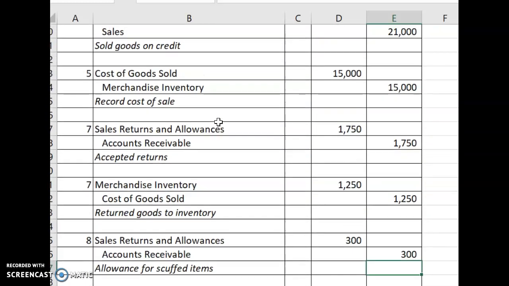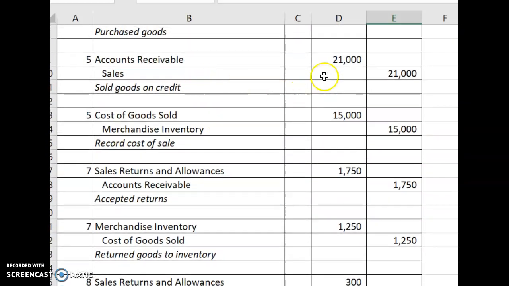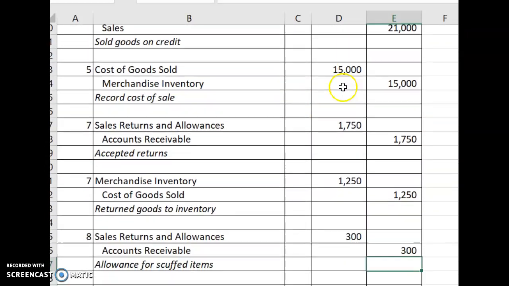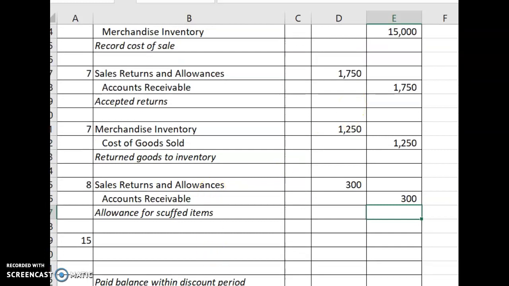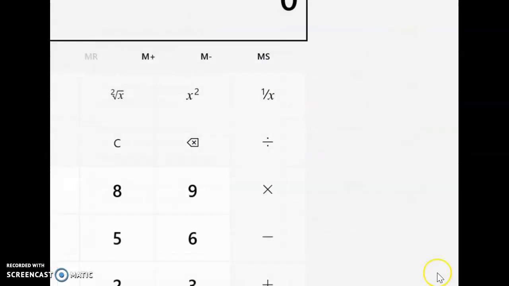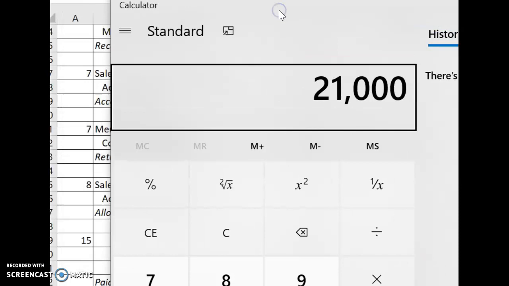All right, so let's take a look. We initially sold for 21,000. Then we had a sales return for 1750. So let's get this up here. So we had 21,000 minus 1750, and then minus 300 was our last allowance that we gave them.